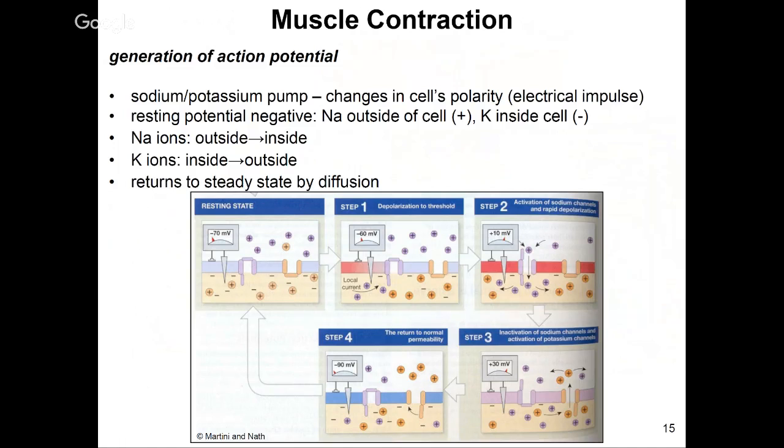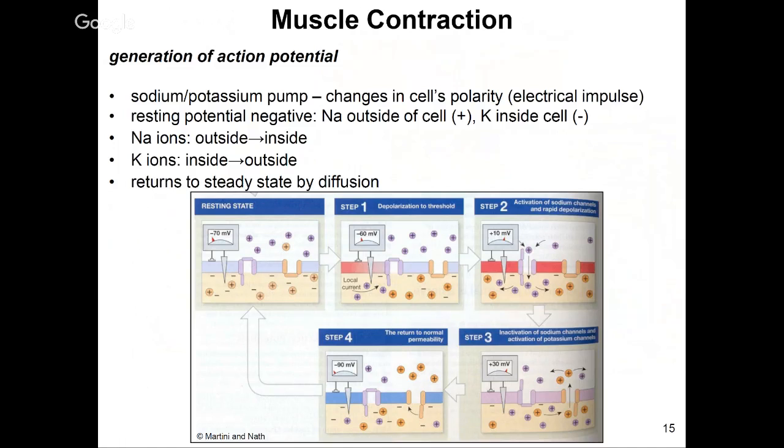Once it reaches a certain threshold, you can see in step two, those sodium channels, those purple channels, open up, and the sodium ions rush into the neuron, and now we've not only equalized to where we're even, it's now positive inside the cell compared to outside. So it's actually flipped completely at this point.